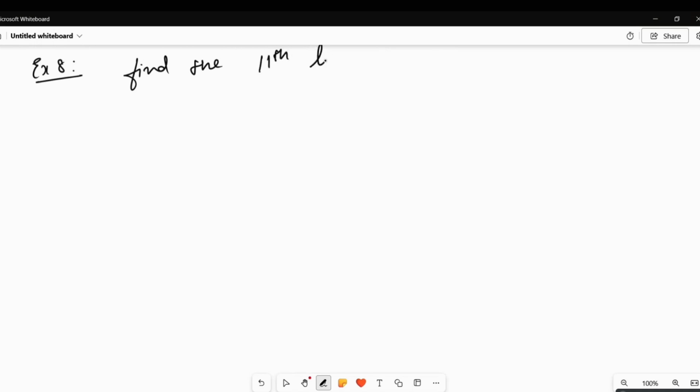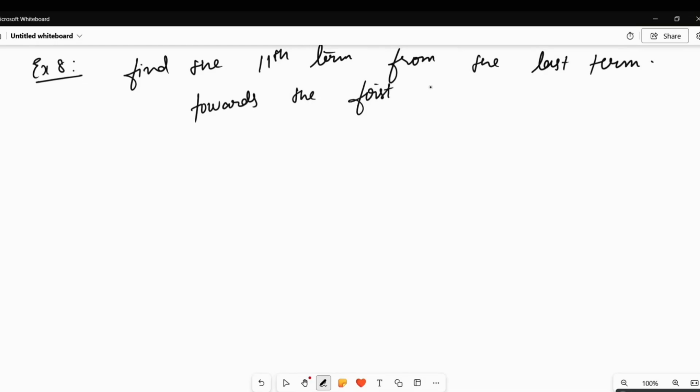Find the 11th term from the last term towards the first term of the AP.